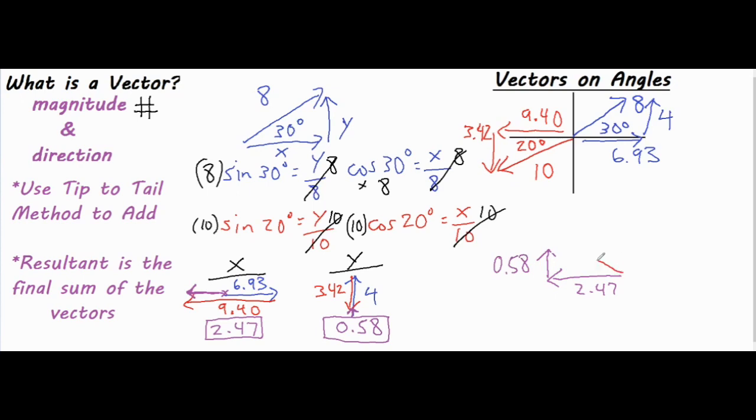And then our final answer would be this vector, the hypotenuse of this right triangle. So we did a version of that before using the Pythagorean theorem. So we're going to do the same sort of thing. We're going to take a squared plus b squared and then set that equal to c squared, this final one over here. So we can go ahead and call that c. So let's go ahead and do the Pythagorean theorem and figure out what that hypotenuse is.